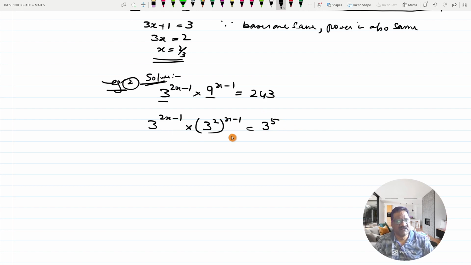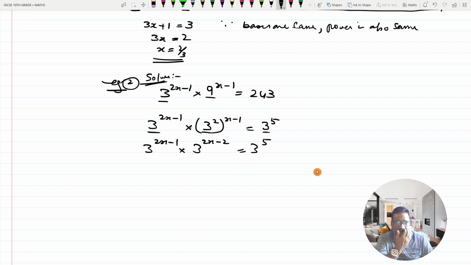Now you can see you are getting an exponential equation in which all the three bases are same. Now further, I am going to do this: 3 raised to 2x minus 1 into, now this will become 3 raised to 2 into x minus 1, that is 2x minus 2, equal to 3 raised to 5.